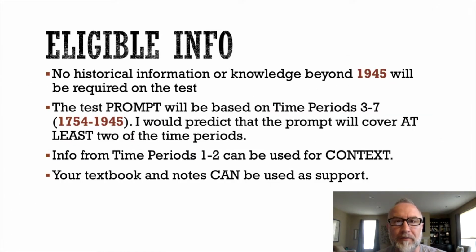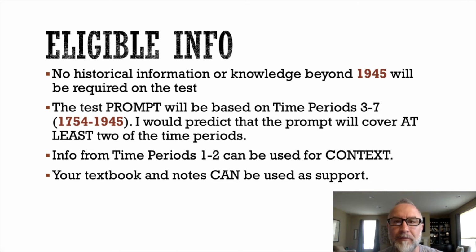Now, eligible information historically that'll be on this test, it's going to focus on time periods 3 to 7. The prompt will focus on 1754 to 1945, or somewhere within. I would predict that the prompt will cover at least 2 of those time periods. There will be some overlap.